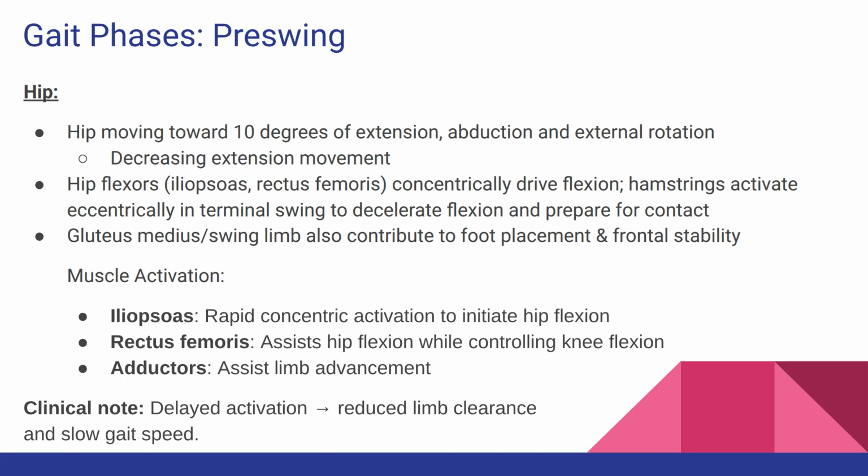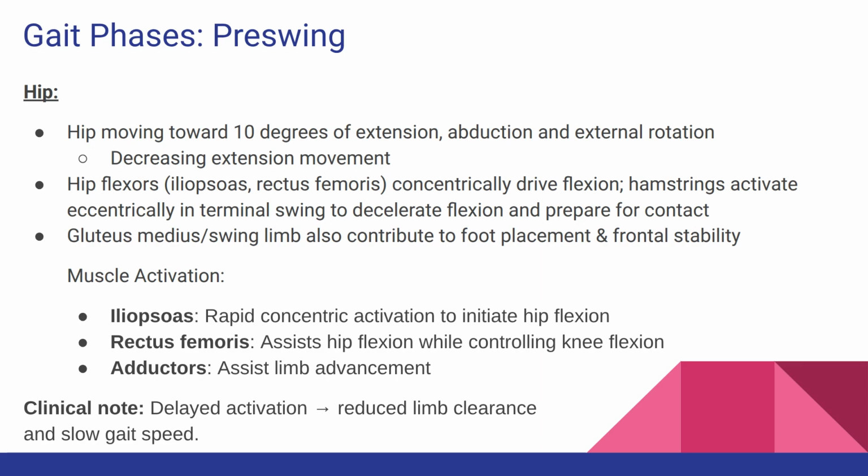The primary drivers of this reversal are concentric activation of the iliopsoas and the rectus femoris. The iliopsoas is the key initiator of swing. It produces rapid concentric hip flexion, while the rectus femoris assists with hip flexion and simultaneously modulates knee flexion.